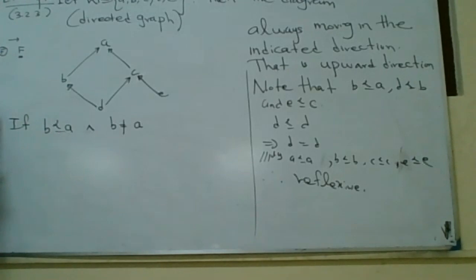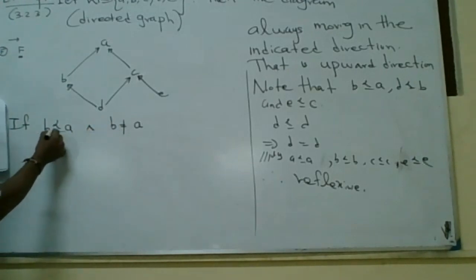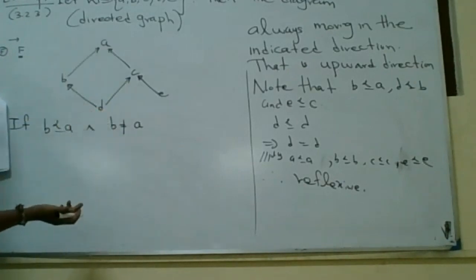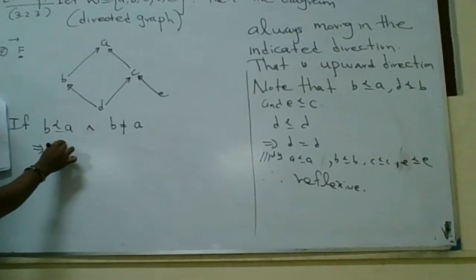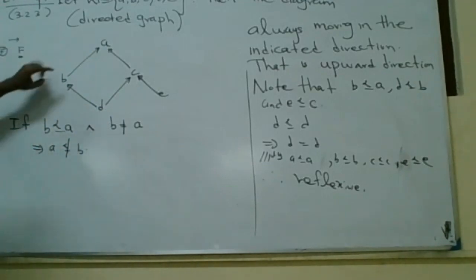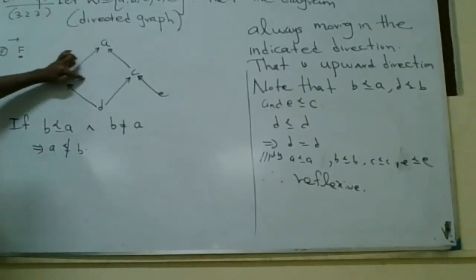Let me check that one. B not equal to A, okay. B precedes A, okay. But B not equal to A, they are different elements. I already mentioned only one direction. B only precedes A, but A does not precede B. There's no direction here.